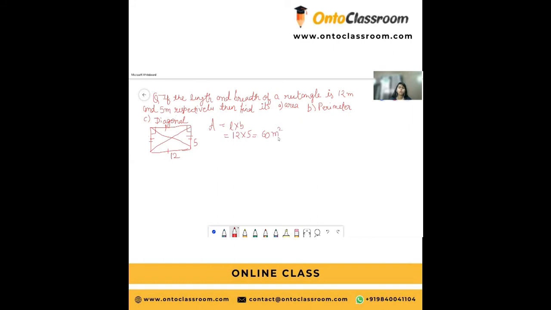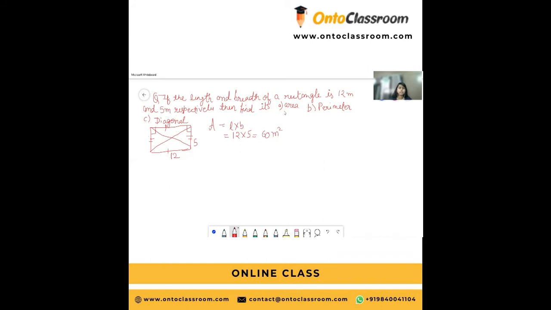Why do I write meter square, not meter? Because here both length and breadth are multiplied. It is 12 meter and it is 5 meter. When we multiply these, meter multiplied by meter gives you meter square.